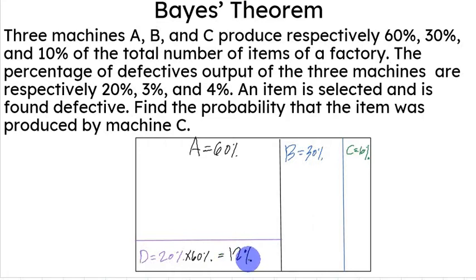For B, it's 3% because it says respectively A, B, C, so that's following that pattern. So it's 3%. Let's scroll down a little bit.